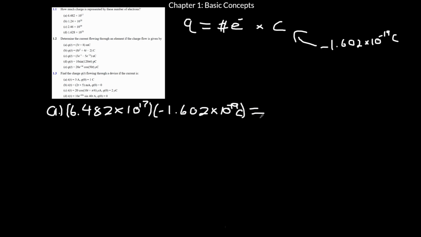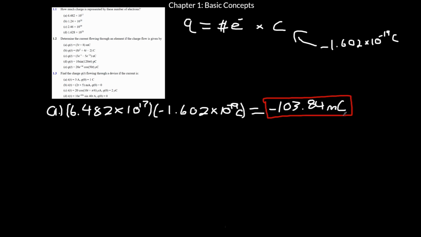And if we multiply this out, put this in our calculator, I don't think this would be very fun to do in your head, although you can if you really want to. Anyways, just writing the answer out, it'll be about negative 103.84, and that's going to be in microcoulombs.